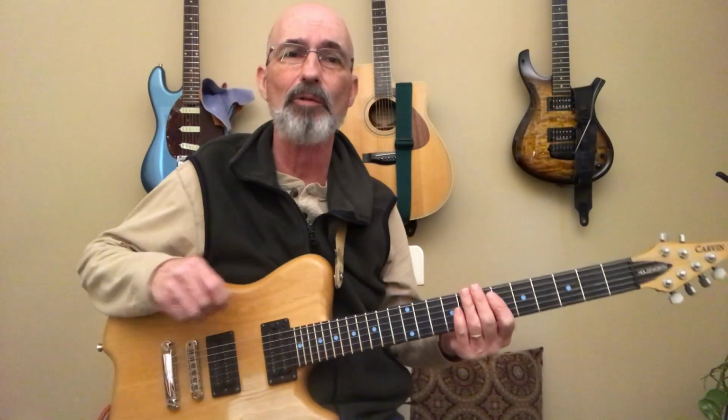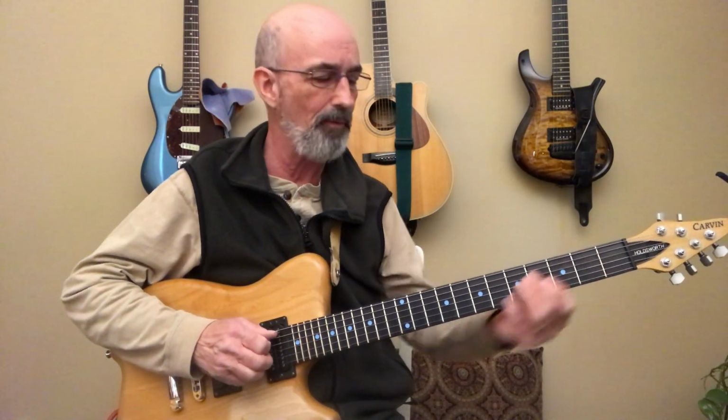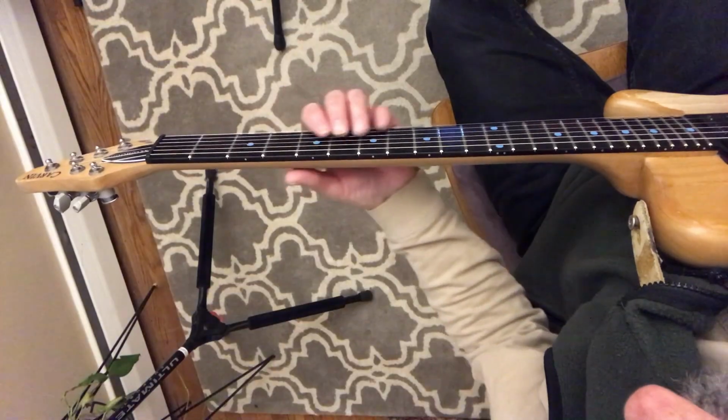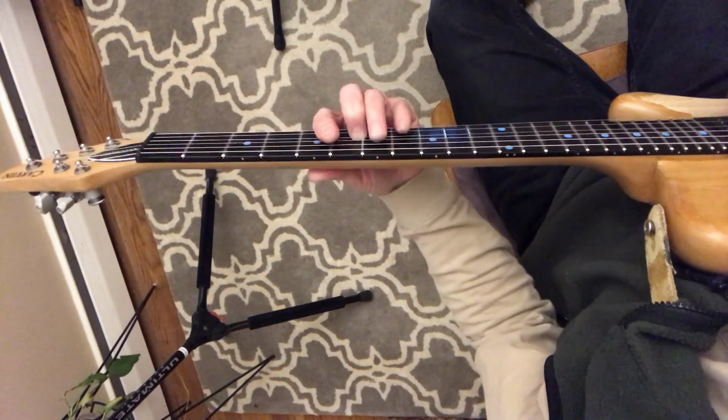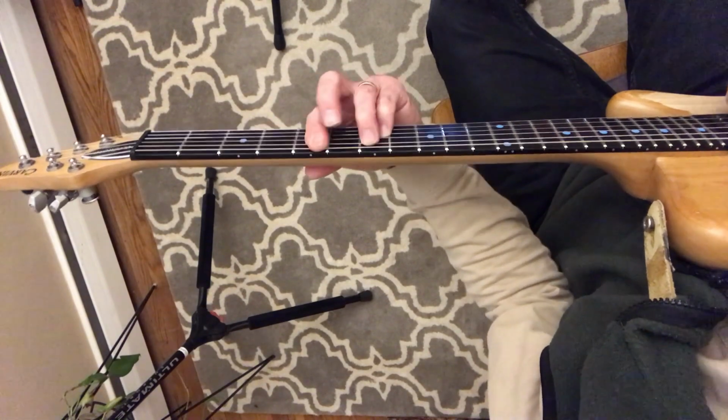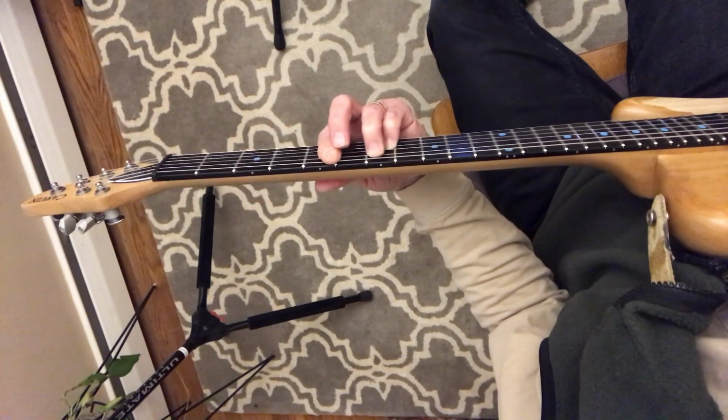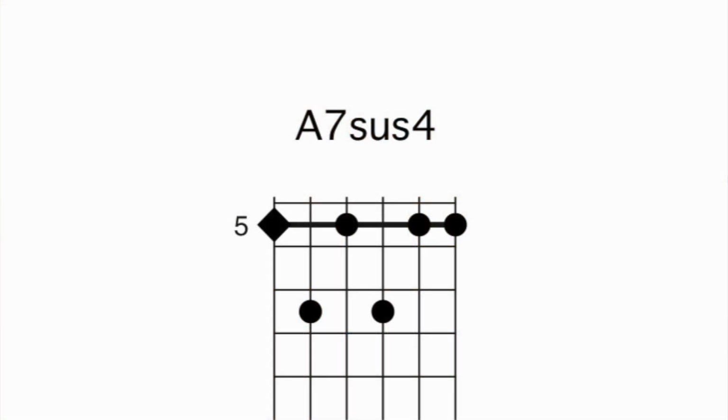But in this little session, we're going to talk about the sus4, and we're also going to be covering the dominant chords. So if we had an A7, here's the 3rd, here's the 4th. Very typical way of creating a 7th chord with a sus4 in a bar position.